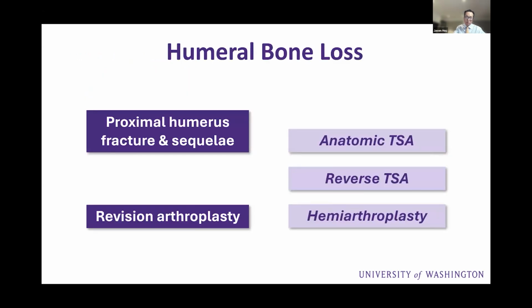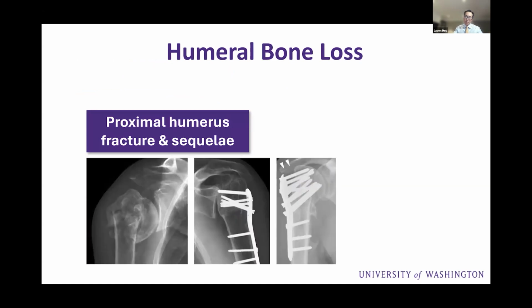So moving on to humeral bone loss, Kevin went over some of the reasons for humeral bone loss. And again, a lot of them are mainly due to either something related to a previous proximal humerus fracture or surgery, and the other is revision arthroplasty. And a common theme again is that proximal humerus fractures, whether you treat them with surgery or without surgery, can be very challenging to get a good result.